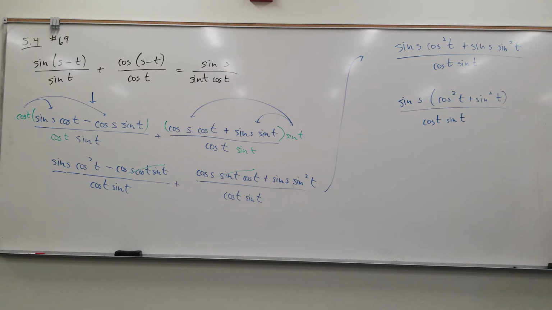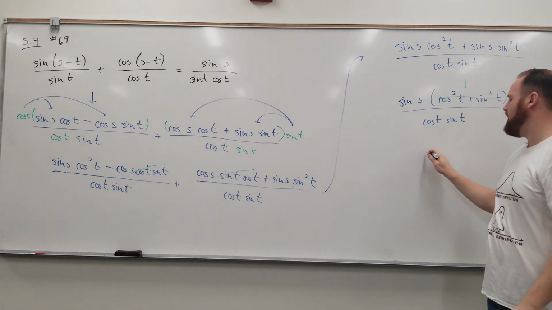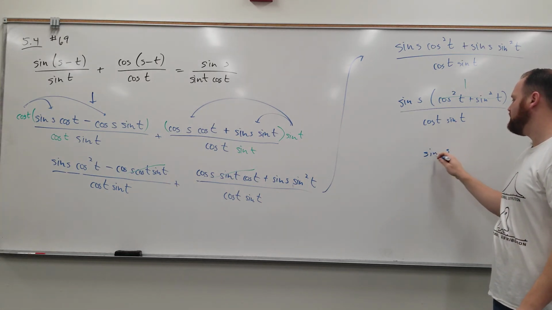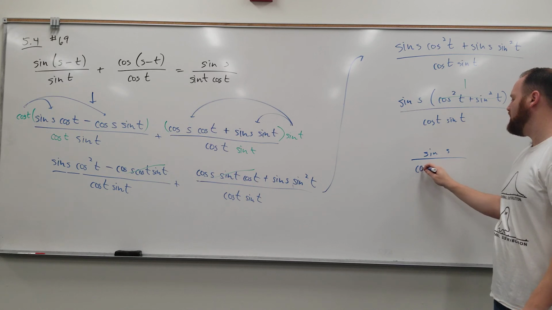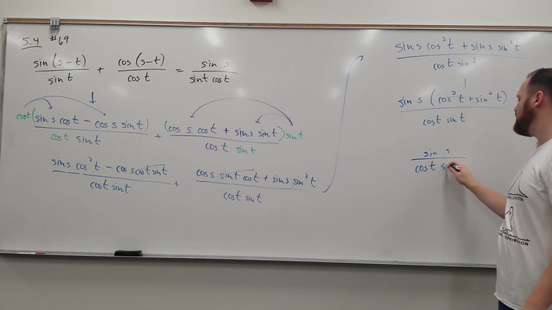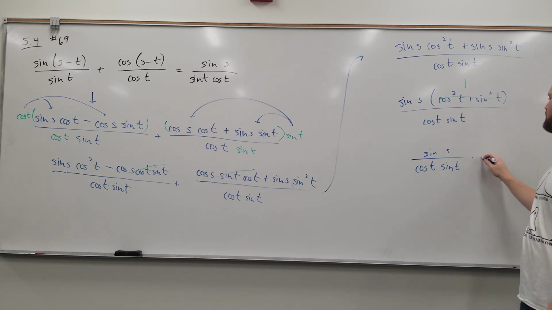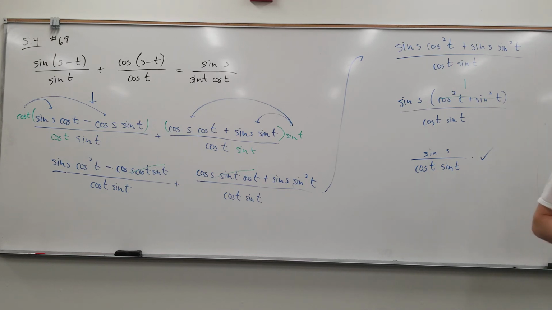Okay, and then cosine squared t plus sine squared t is just 1, right? This thing is just 1. And sine s times 1 is, of course, just sine s. So there we have it, right? Sine s over cosine t sine t. Okay, there's that one.